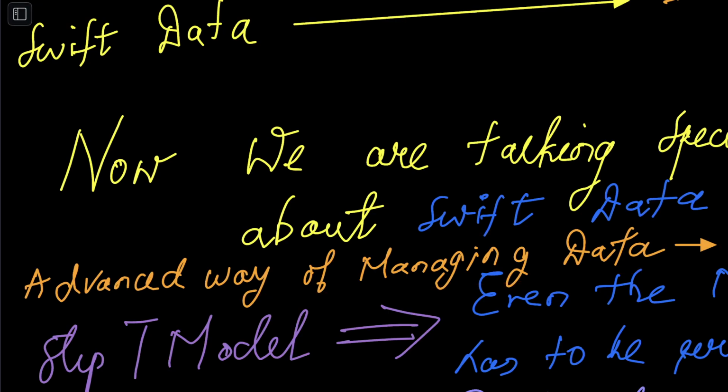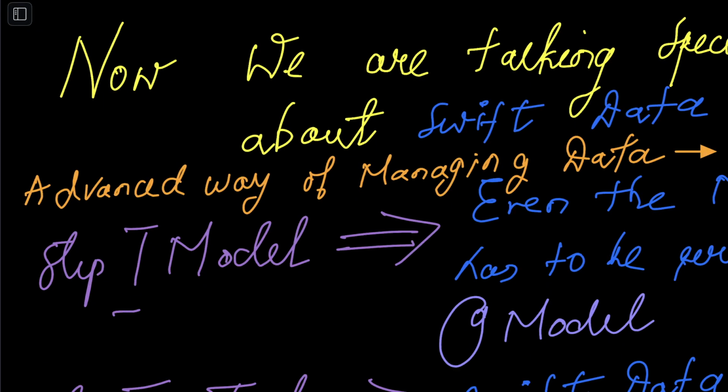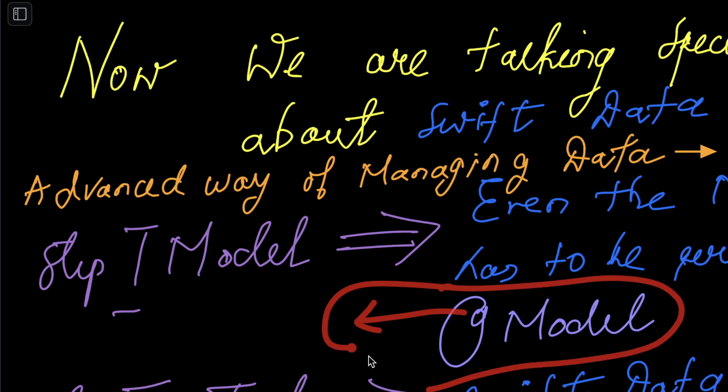Now, when we talk specifically about Swift Data, the first thing is defining our model, right? To define our model, we'll be using this at-the-rate symbol. Remember, this is an annotation, right? We will be using this. This already has some pre-existing meaning.